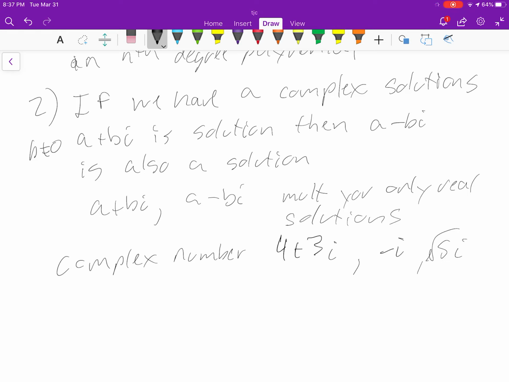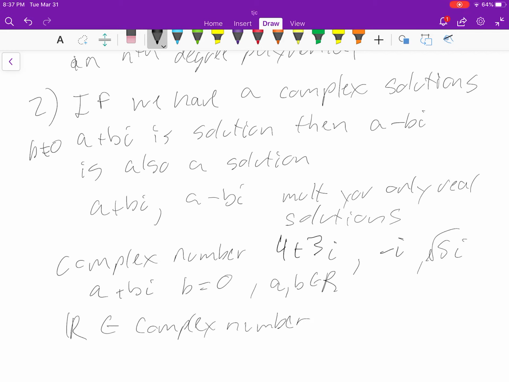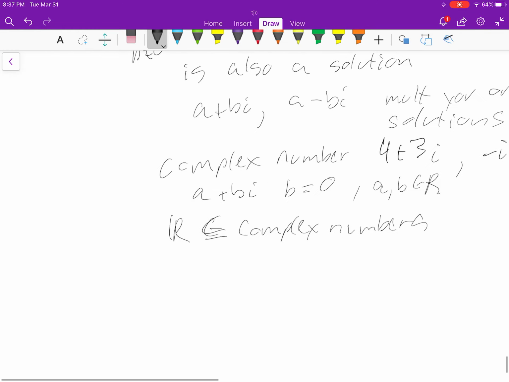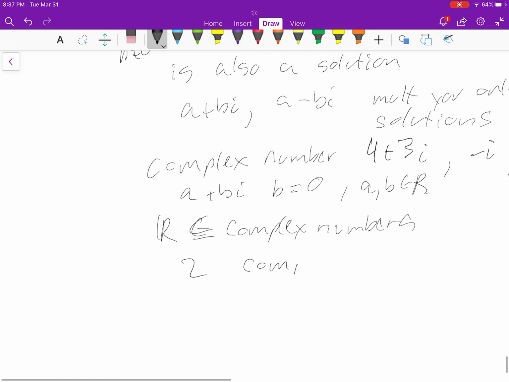But remember that complex numbers are anything of this form, a plus bi, and b could equal 0, in which case it could be anything. And remember, both a and b are reals. So all the reals are elements of the complex numbers. The reals are a subset of complex numbers. So any real number is also complex. This is important to remember. So even 2 is a complex number. Okay, it is 2 plus 0i.